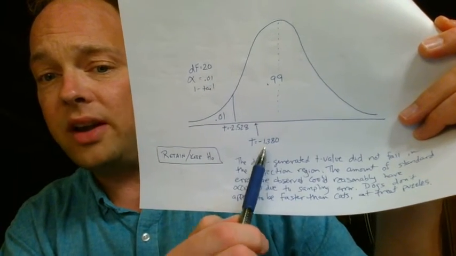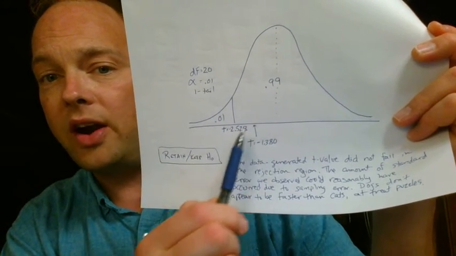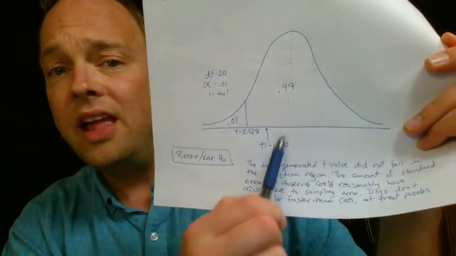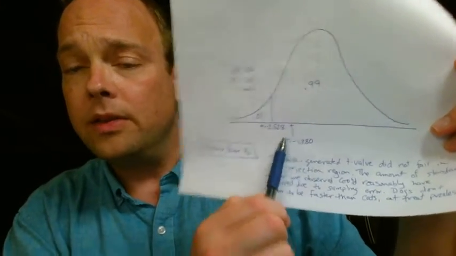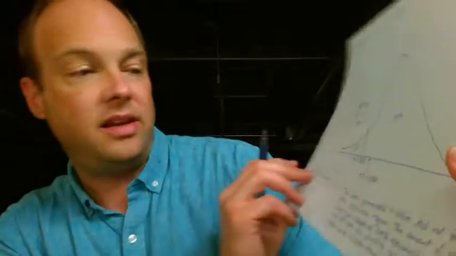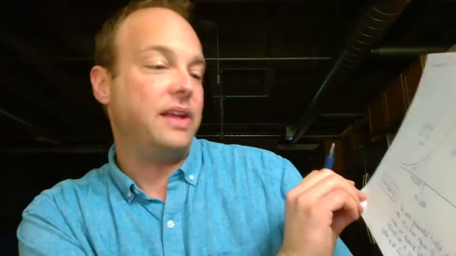Where did our data-generated t value fall? It fell right there. It did not exceed. It did not go further into the tail. It's in the body. Therefore, the data, this is very important, don't blow this off. The data-generated t-value did not fall in the rejection region. The amount of standard error we observed can reasonably be attributed to sampling error.